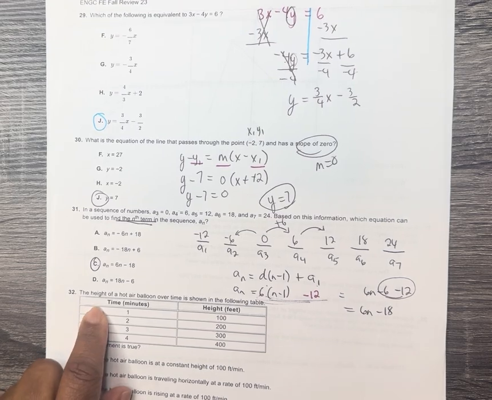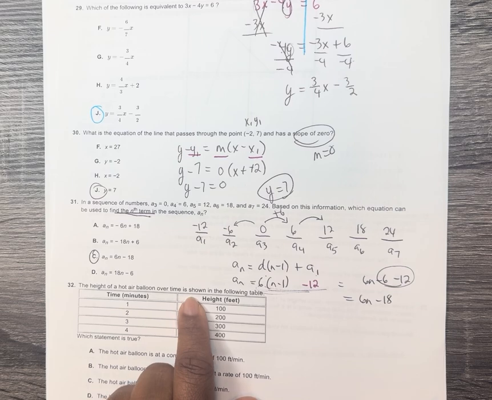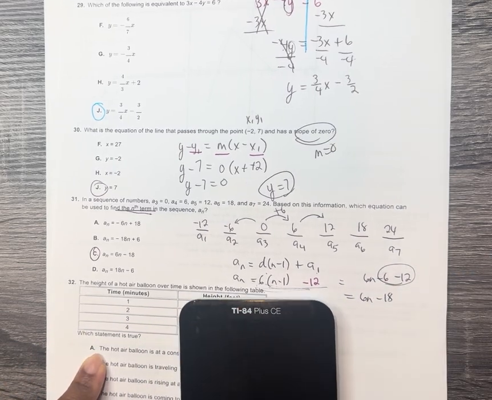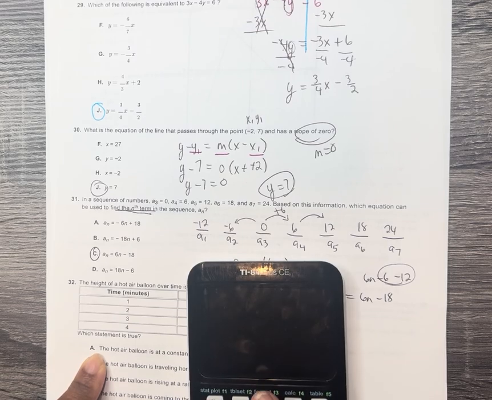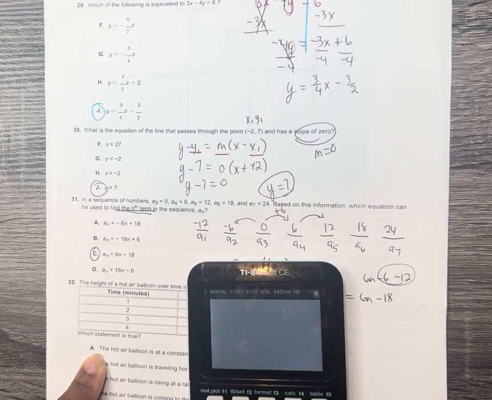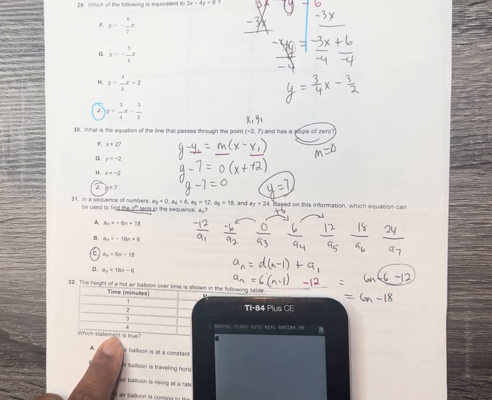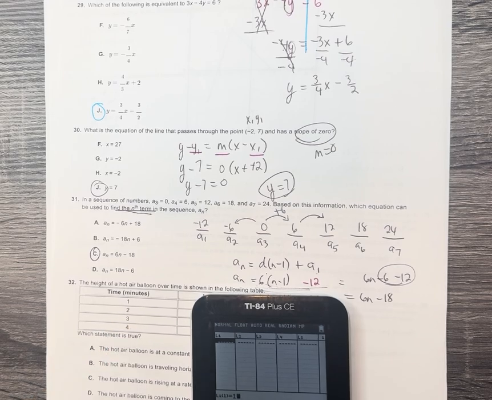So for 32, it says the height of a hot air balloon over time is shown in the following table, which is true. Let's see. I say plug it in your calculator so we can at least know some information. Whenever you see a table, pull out your calculator. That's my suggestion.